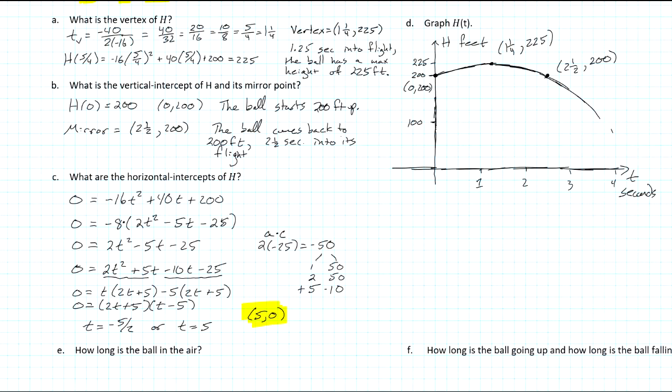Because the negative time is before we threw the ball, that's not really going to count in this scenario. So this is saying 5 seconds into its flight, the ball hits the ground. It has a height of 0.